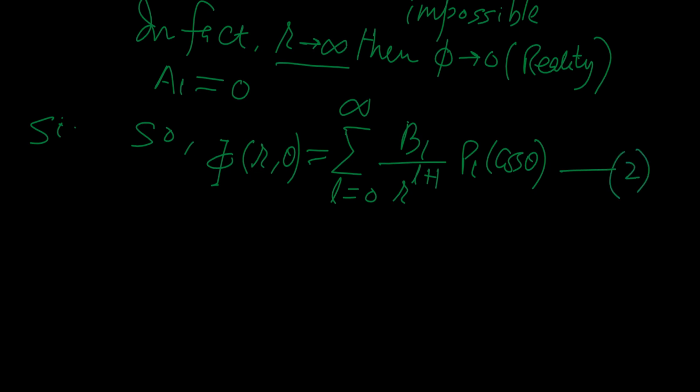Now see the figure. Let us consider a point on the polar axis, that is the z axis, and the distance of this point we take equal to r, which is the distance of our test point.